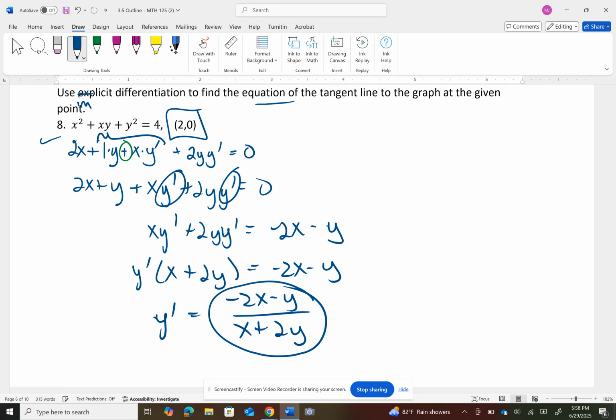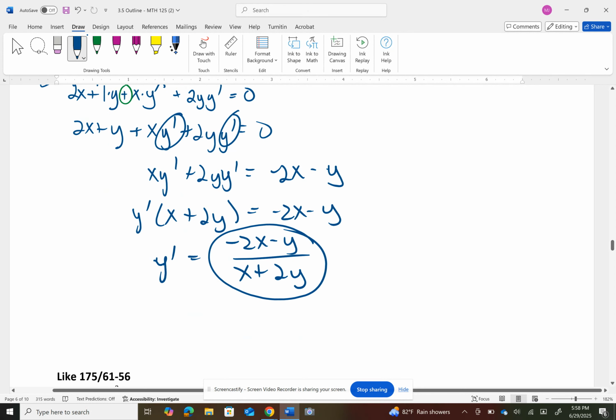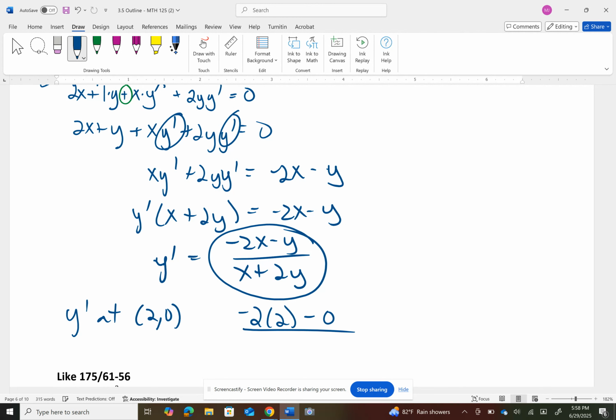So y prime at that ordered pair 2, 0 can be found by just plugging in 2 for x and 0 for y. And this, remember, is going to give us our slope, isn't it? So that's going to be negative 4 over 2, or negative 2.